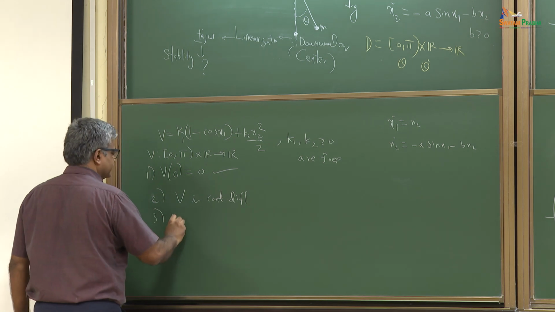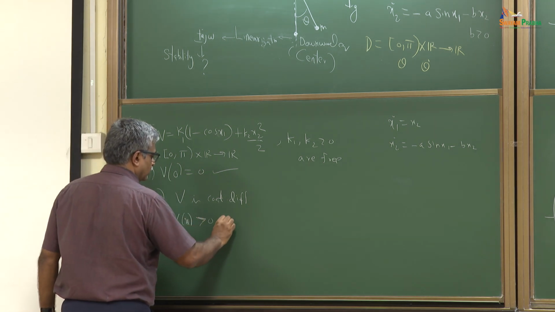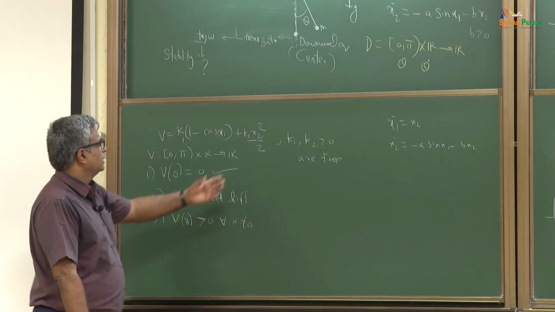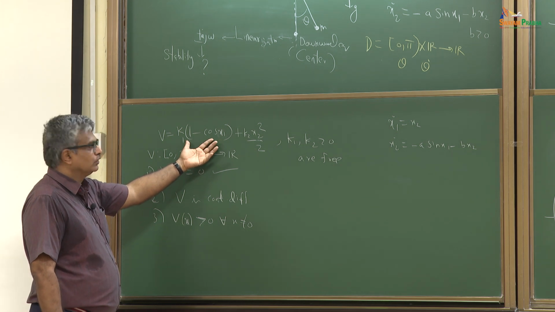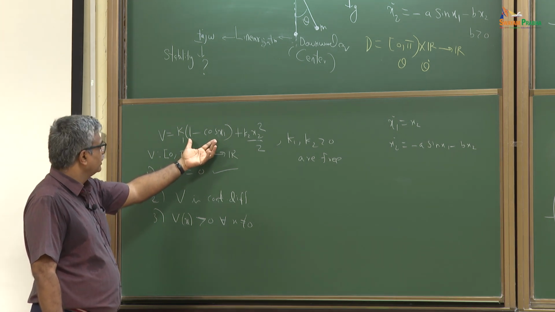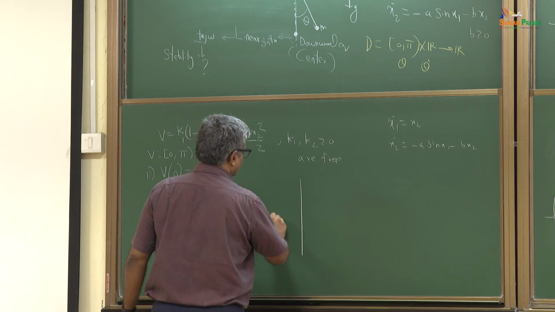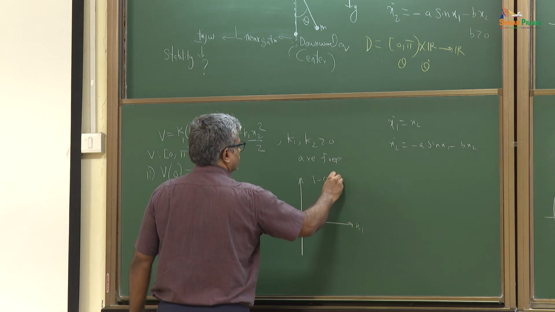And then is V of x positive for all x not equal to 0? Well, yes, you have a positive quantity. This quantity at x1 equal to 0 is 0. At any other x1, it is a positive quantity. If you just plot the potential function, what will that be?